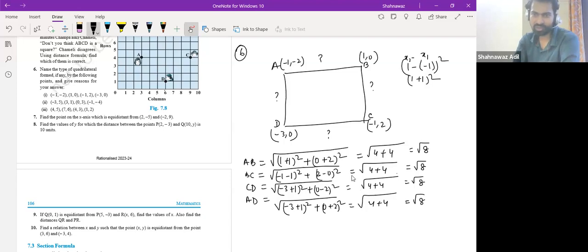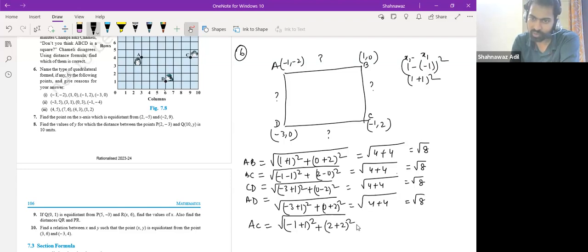No, no. How did you say that this is a square? We have to first check whether it is 90 degrees, so what is AC. So AC is minus 1 and plus 1, and this is 2 plus 2.